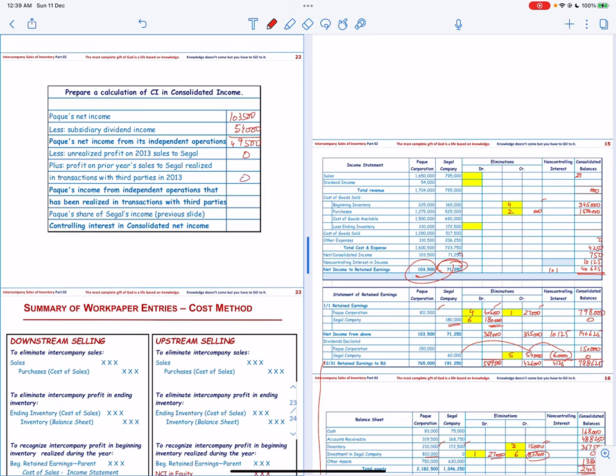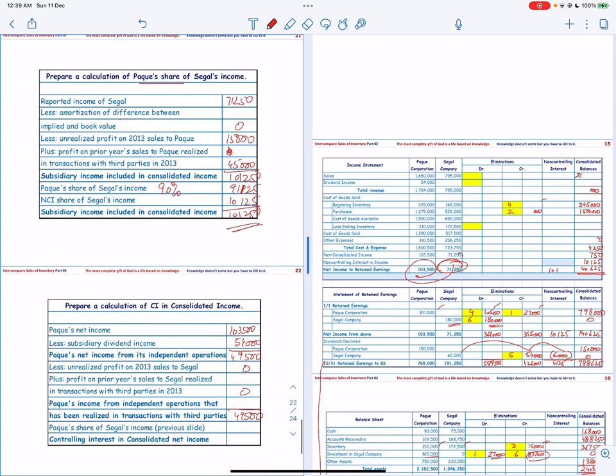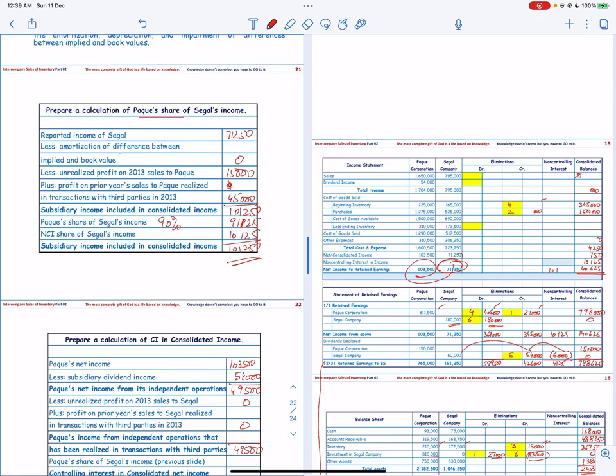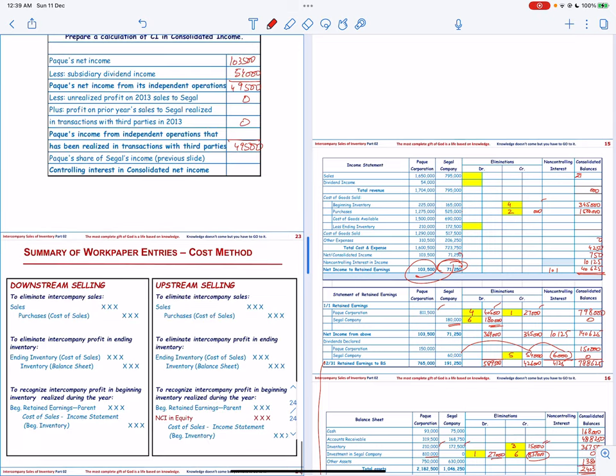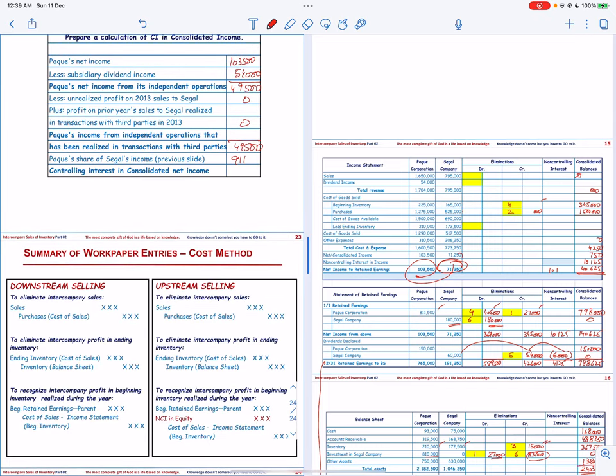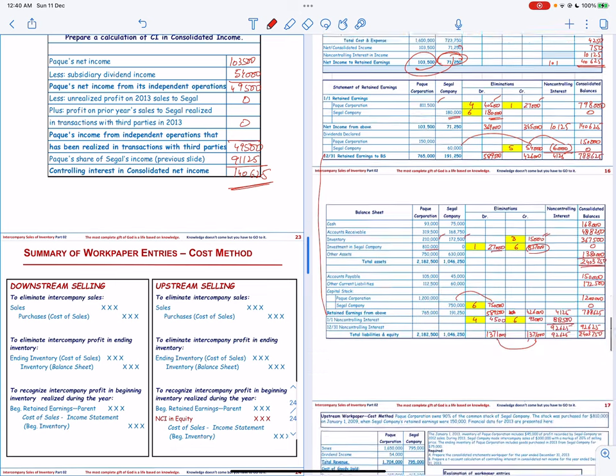So the total P's income from independent operations that has been realized in transactions with the third parties is 49,500, and P's share over here was 91,125, and that is equal to 140,625. So the controlling interest in the consolidated net income is 140,625.